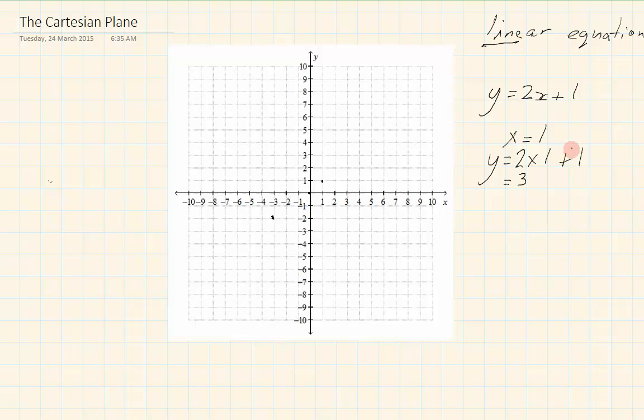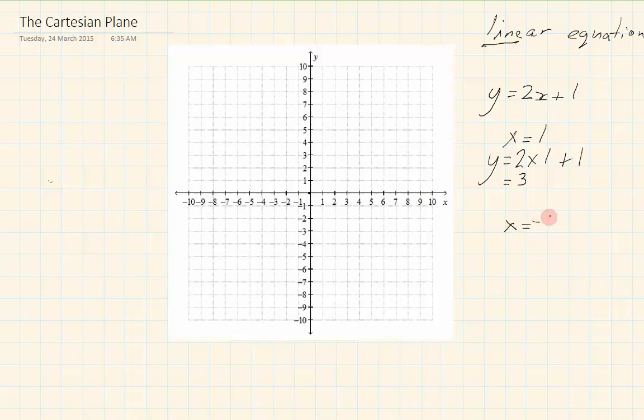Okay, so this is a linear equation because there's a relationship between the x values and the y values, and that relationship is given by the linear equation. Now let's just work out a few more x values, and then we're going to draw our line, and it will be a straight line because we're using this linear equation. So let's just put in a few more values. We've done it for x equals 1, let's do it for -1.